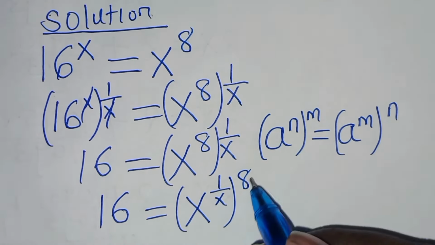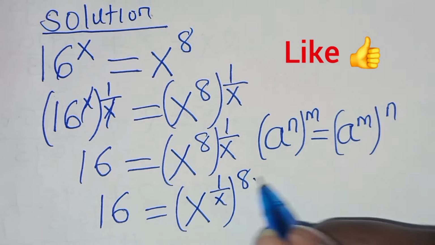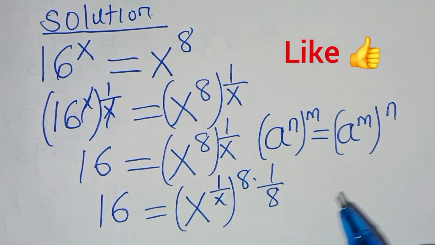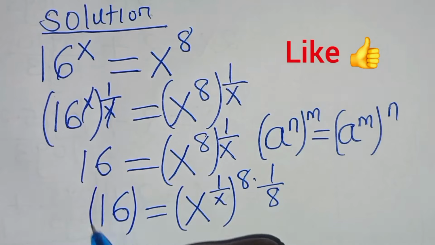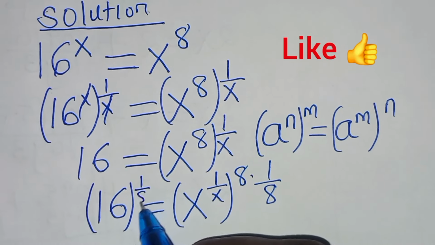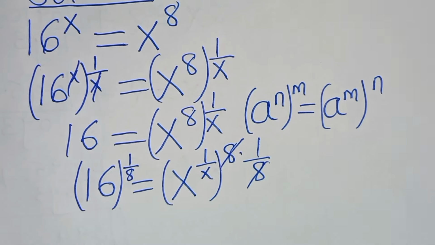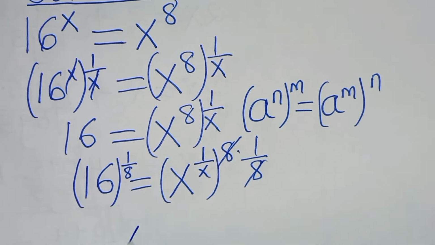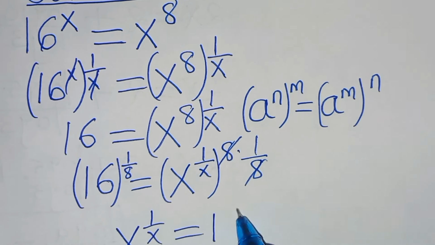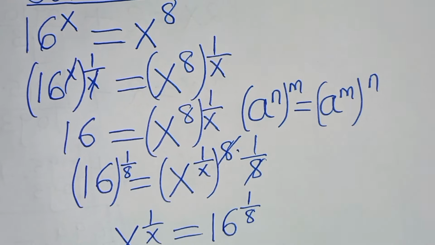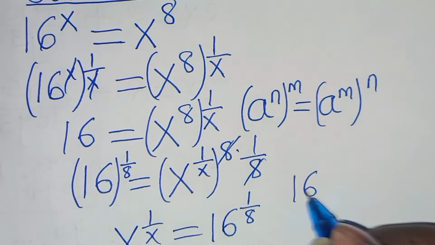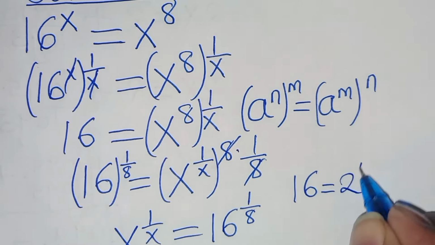The next step is to eliminate this 8, so we multiply by 1 over 8 on both sides. So here we have 16 raised to the power 1 over 8. So let's simplify here. So this is to say that x raised to the power 1 over x is equal to 16 raised to the power 1 over 8. We can express 16 basically as 2 to the power of 4.